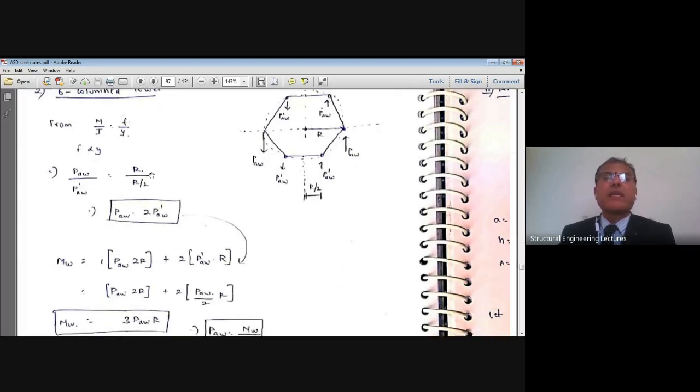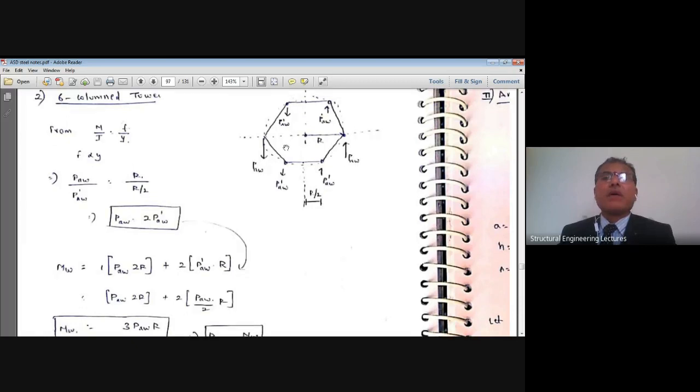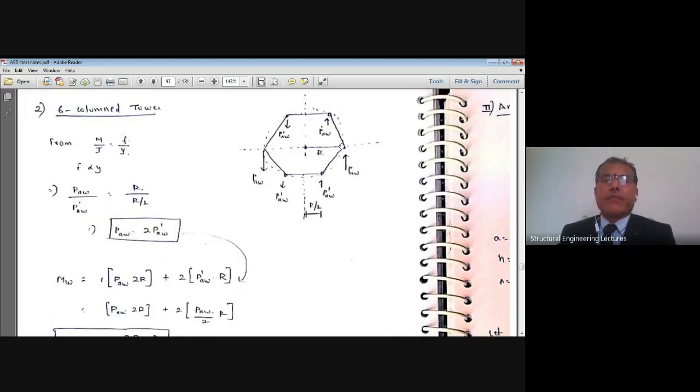Then using that, let the columns which are on the outside surface develop the resistance as PAW prime, 1 2 1 2. 4 columns forming 2 couples, and which are there inside. Actually, inside means like this, which are perfectly lying on the horizontal axis of the CG.